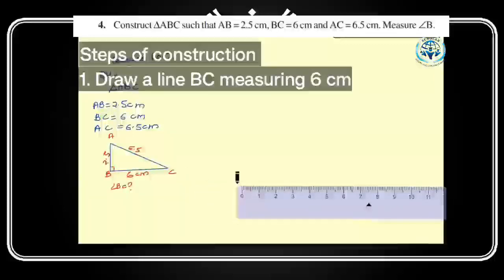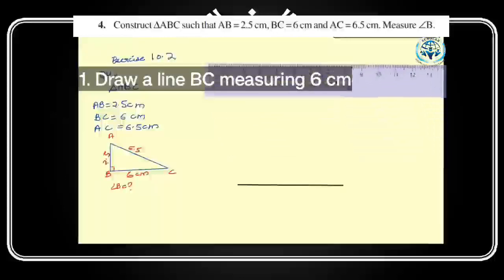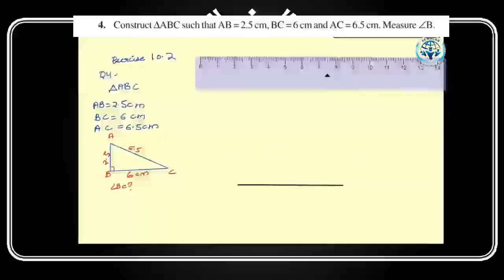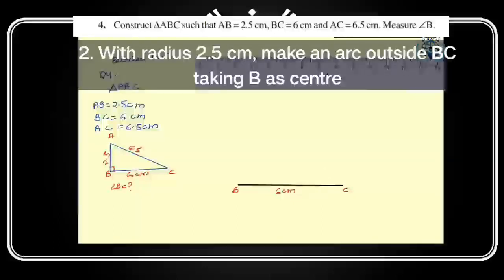First step of construction is draw a line BC measuring 6 cm. With radius 2.5 cm, make an arc outside BC, taking B as center.